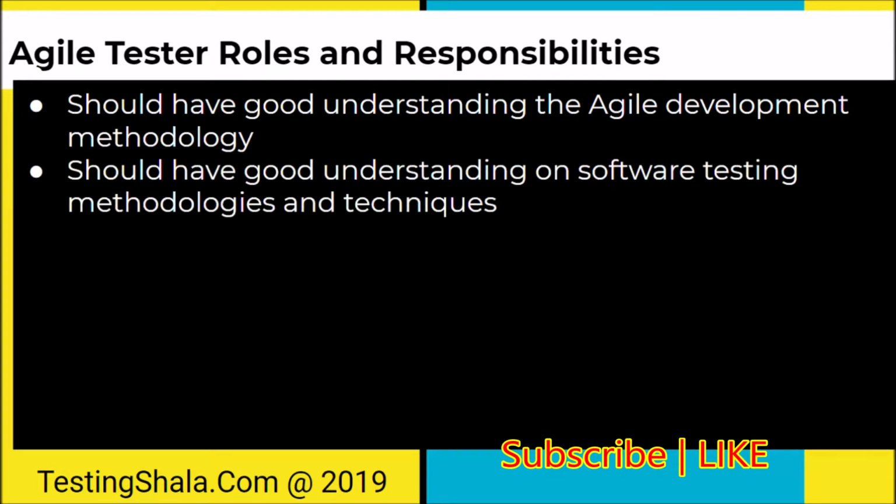The second is you should also understand the normal software testing practices. It could be methodologies or techniques being used to derive the test cases. You talk about anything about software testing, at least you should get hold of a good grip in software testing that would help you play the role of an agile tester.